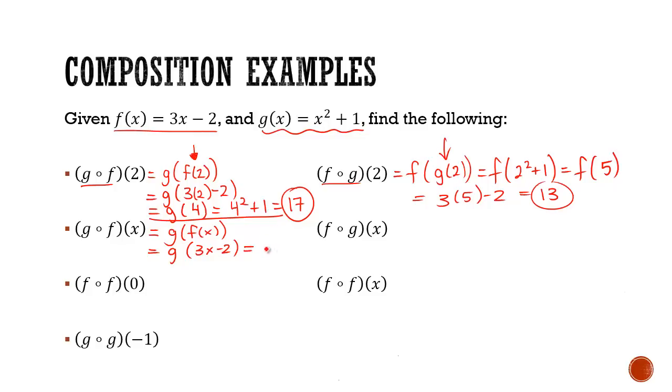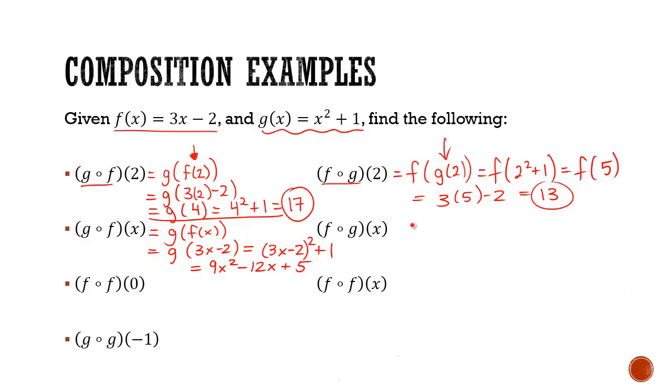So that is (3x minus 2) squared plus 1. Now you would expand that, and you would get 9x squared minus 12x plus 4 plus 1, which then becomes plus 5.